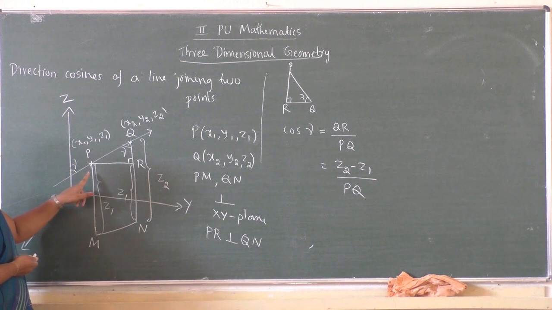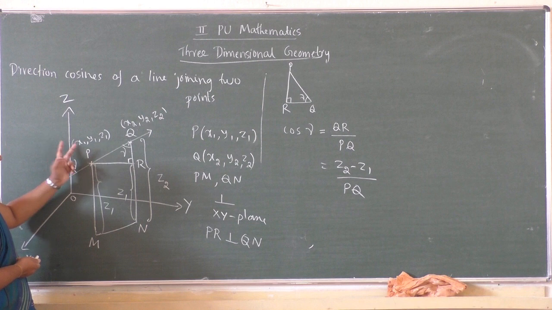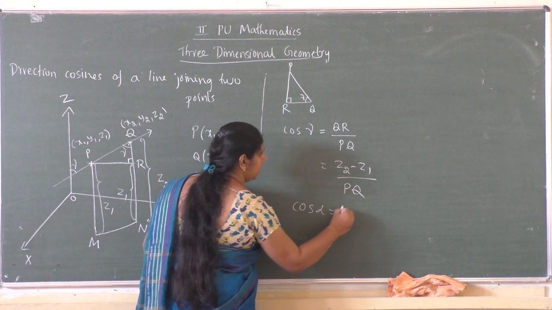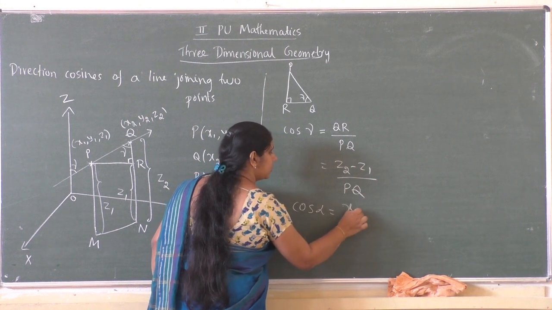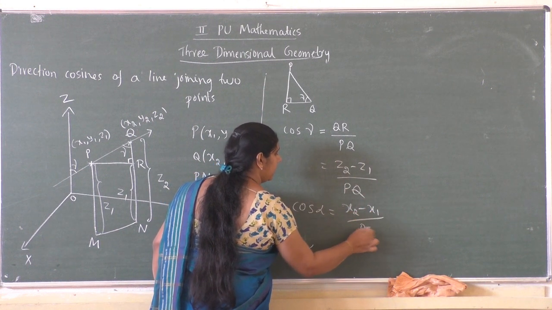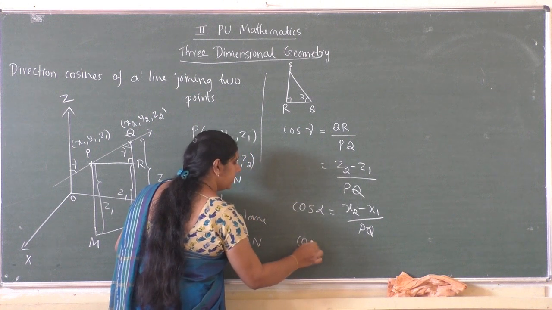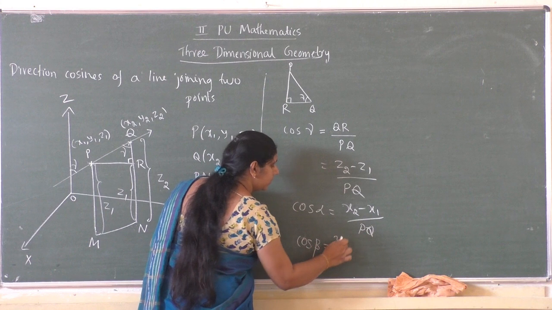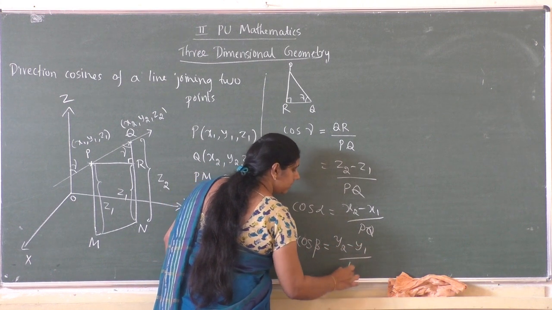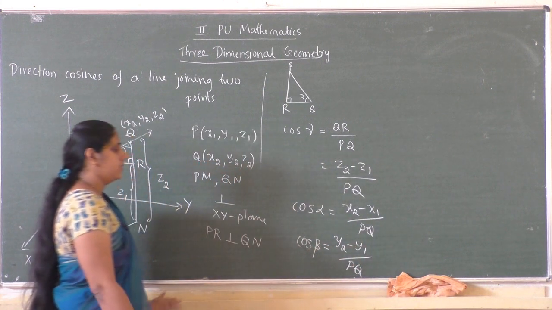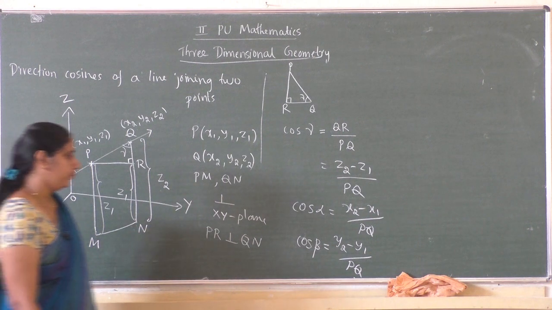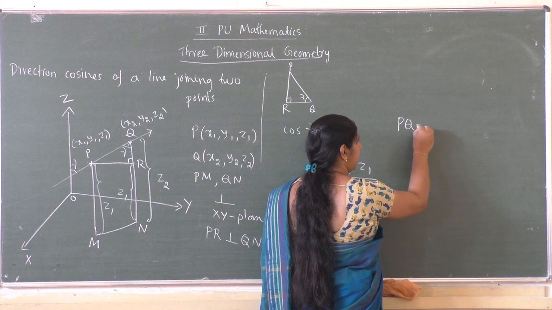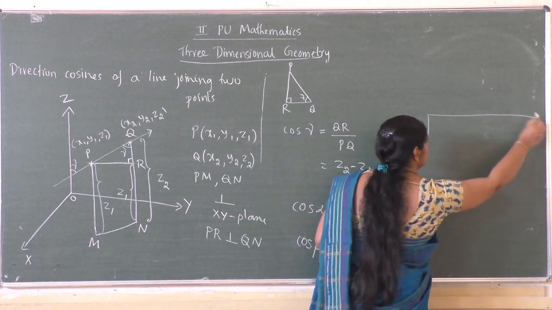Similarly, if we draw perpendiculars to the YZ and ZX planes, we will get cos alpha as x2 minus x1 by PQ, and cos beta equal to y2 minus y1 divided by PQ, where PQ is the distance between P and Q, which we already studied in first year.